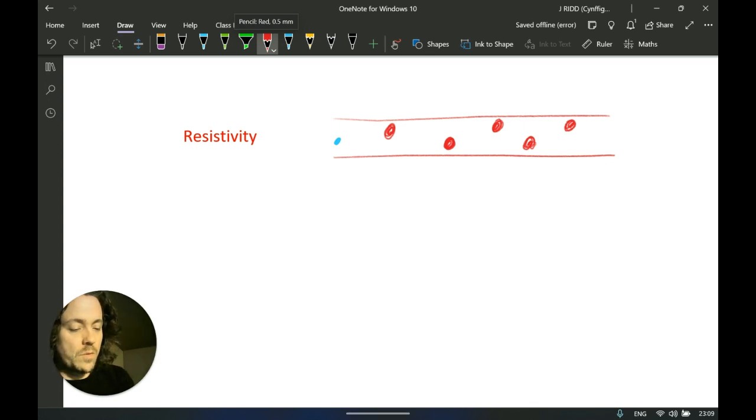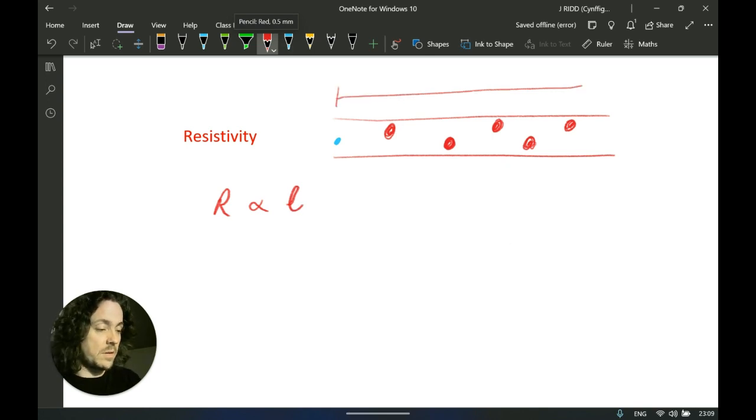So the resistance of a given material is proportional to its length, L. The resistance is also inversely proportional to the cross-sectional area.